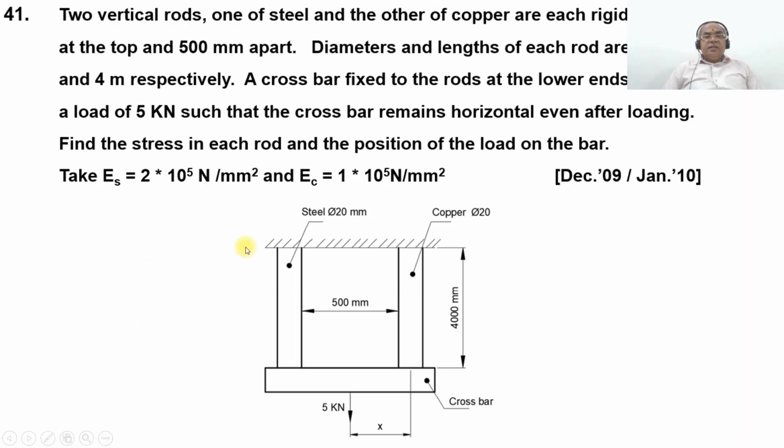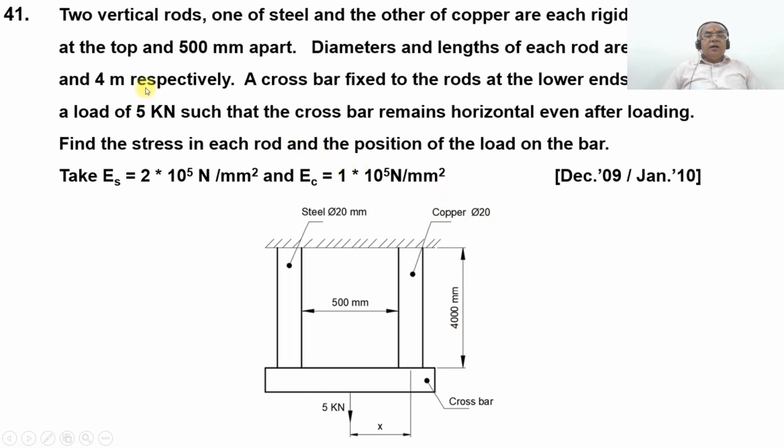So here you have a steel bar of diameter 20 and the copper bar of diameter 20, 500 mm apart. The diameter of steel is 20 mm and the diameter of copper is also equal to 20 mm.